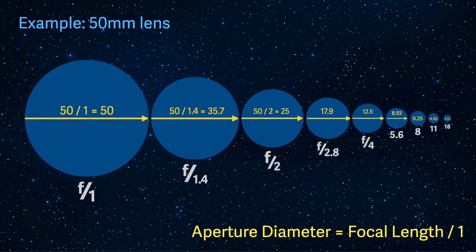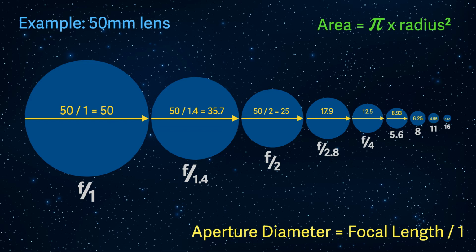If we know the diameter, we can also calculate the area of each aperture. To calculate an area of a circle, in geometry we use the formula A equals pi times r squared. Remember that radius equals half the diameter.